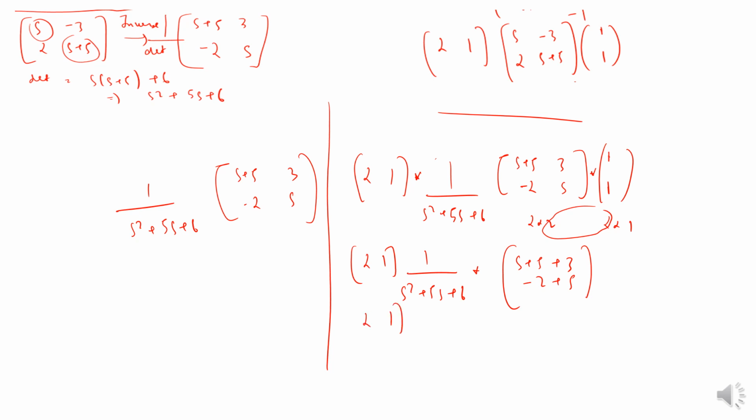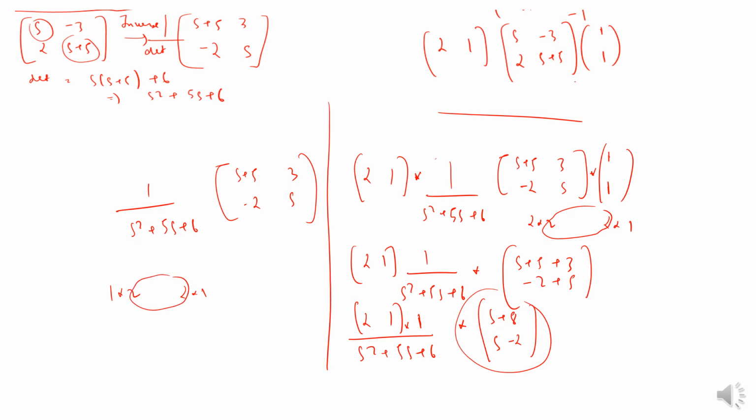2, 1, I'm writing it like this: S square plus 5S plus 6 into S plus 8 into S minus 2. Now this part, we can write 1 by, this is 1 cross 2, and this part is 2 cross 1. The output will be 1 cross 1.